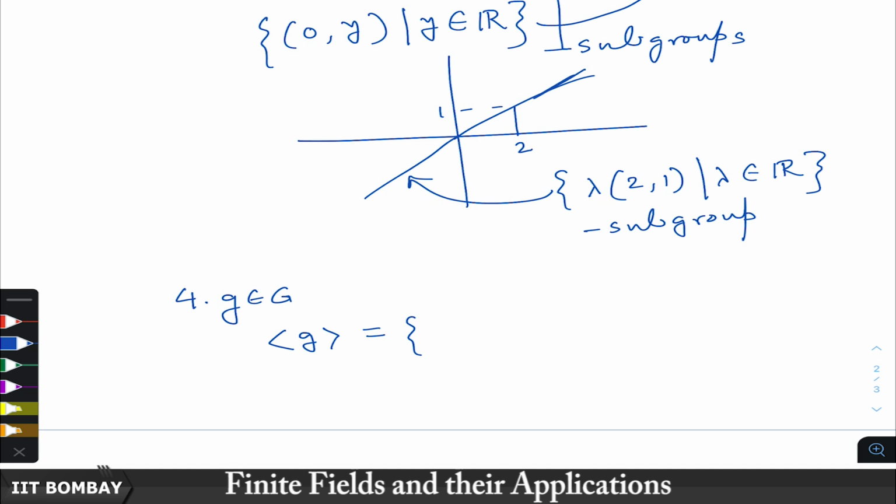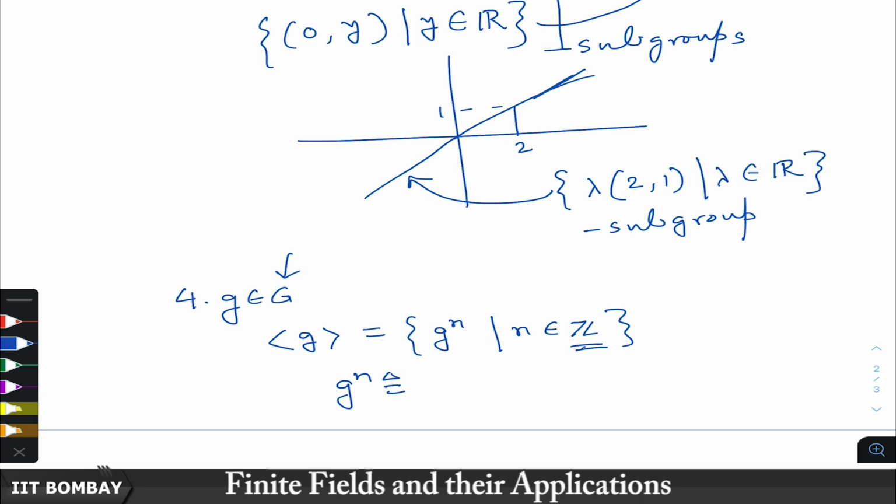It contains all the elements of the following form: g power n. Now, what do you mean by this? n belongs to Z. Remember, Z has actually nothing to do with G. G may be a group, it is not a subgroup of Z or anything. Z is just the set of integers here.